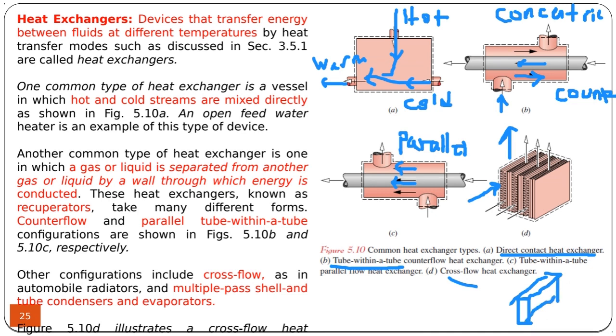The engine water that gets into the radiator is cooled by the air coming from the front of the car. So air and water flow in perpendicular directions. That's why they are called cross-flow heat exchangers. But at the end, whatever the type of the heat exchanger, the purpose of the heat exchanger is to transfer heat from a hot fluid to cold fluid.